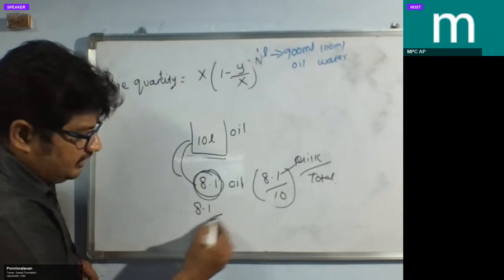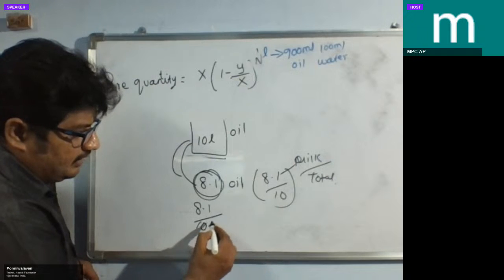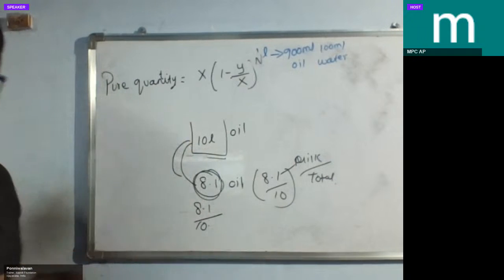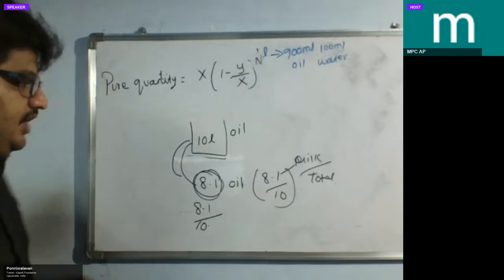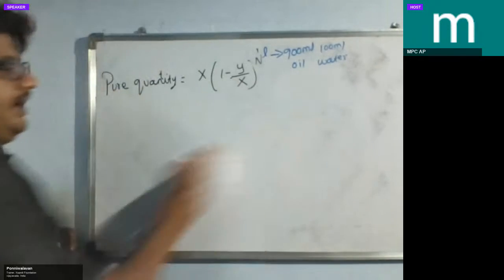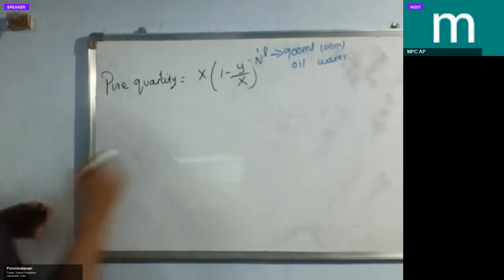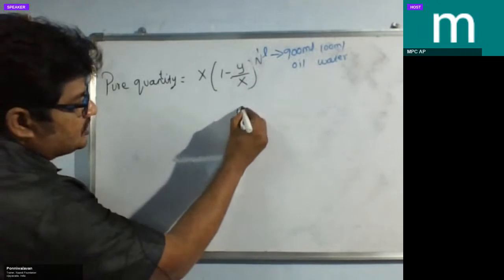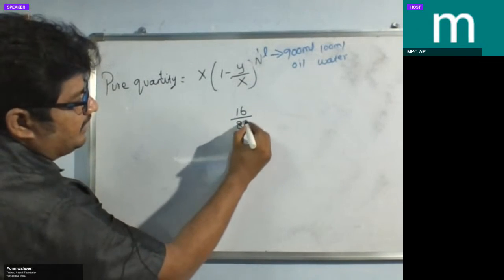Oil left divided by total. Like that here they are giving. That is 16 is to 81. So first you need to find what 16 is to 81 is. The ratio is 16 divided by 81.